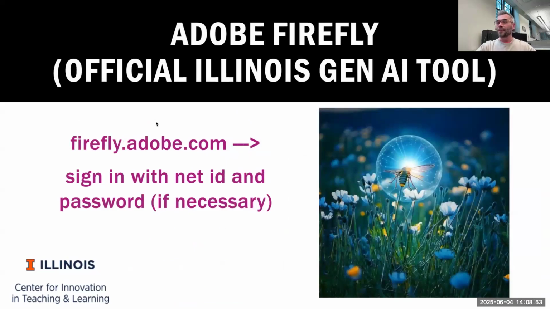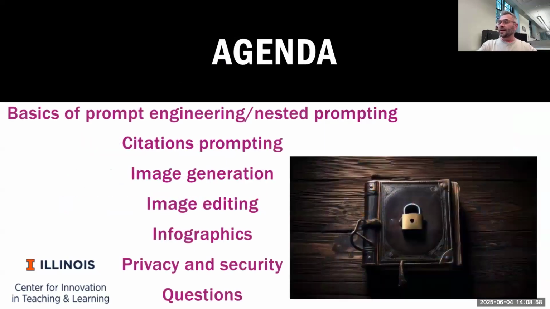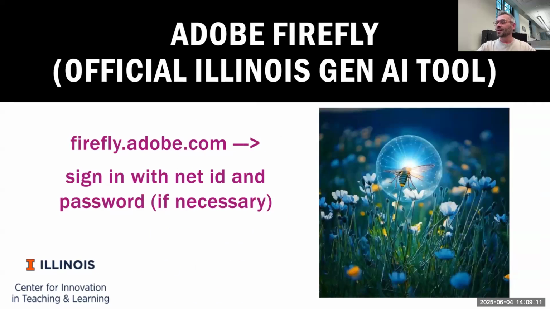Okay, so by the way, I'll jump back to the previous slide in just a moment. Every image you'll see in my PowerPoint presentation today was generated with Adobe Firefly. So this book with a lock on top of it was generated with Adobe Firefly. So was this image. And by the way, the prompt for this image was a bee in a meadow at sunset. Sorry, a firefly. I gave away my joke. Firefly in a meadow at sunset.